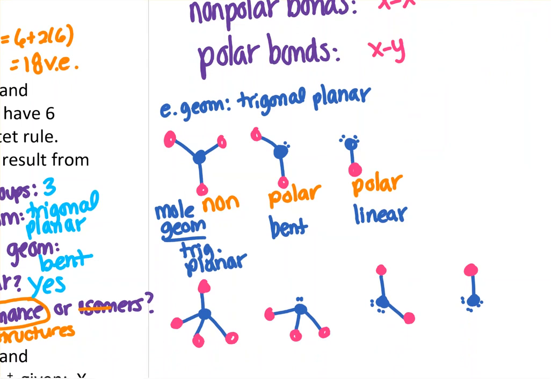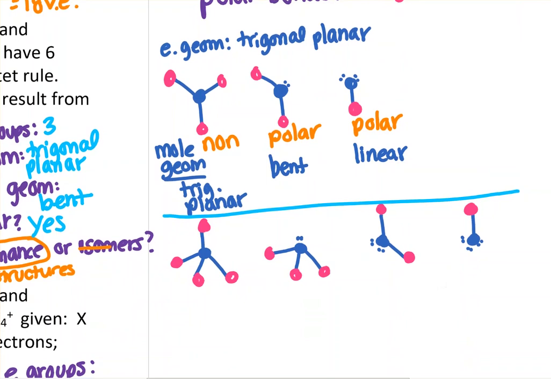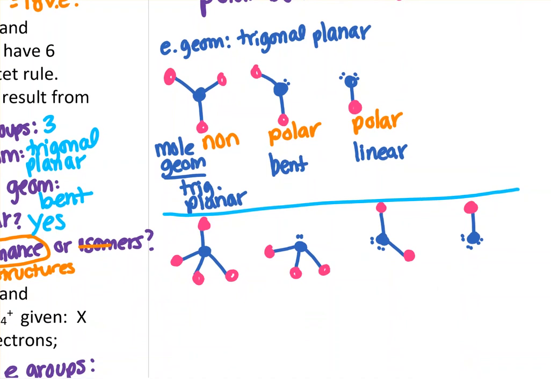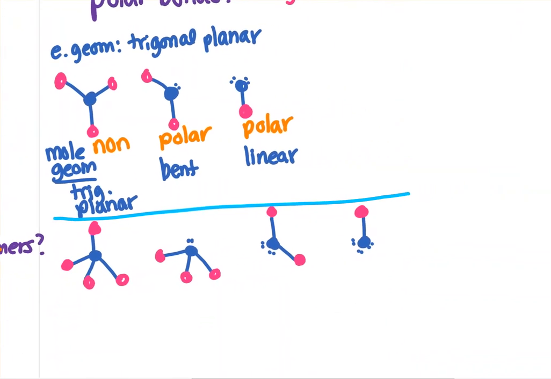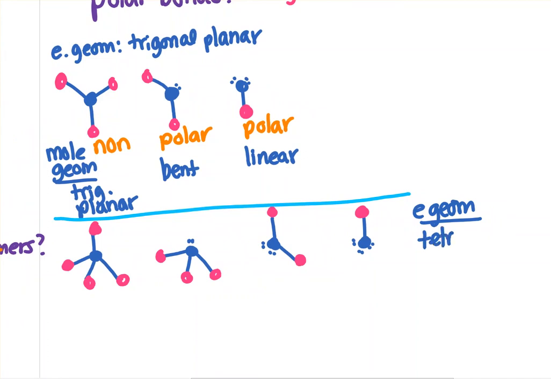Okay, I'm going to put a little line here. So the electron geometry on all of these is tetrahedral. And on the lab exam, we only go up through this geometry. We won't do the trigonal bipyramidal and the octahedral. Okay, so electron geometry is tetrahedral.